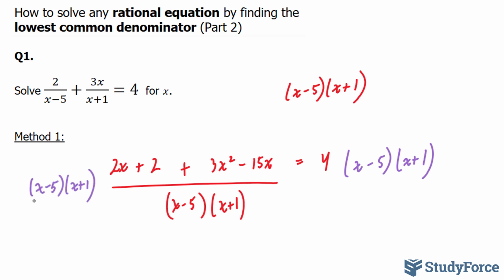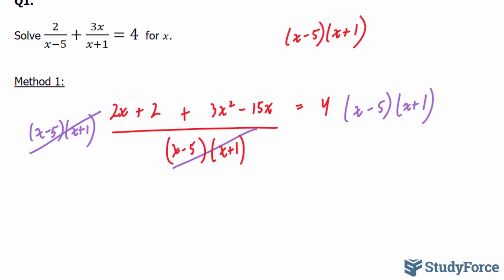And this cancels out with this, leaving you with the following expression. 2x plus 2 plus 3x squared minus 15x is equal to, and I'm going to expand the right side here. If I do that, I end up with 4x minus 20.